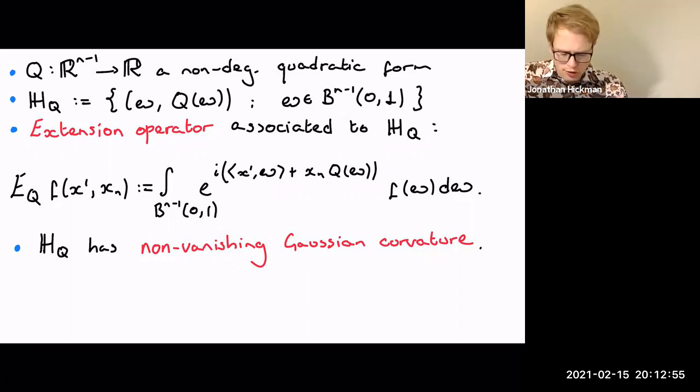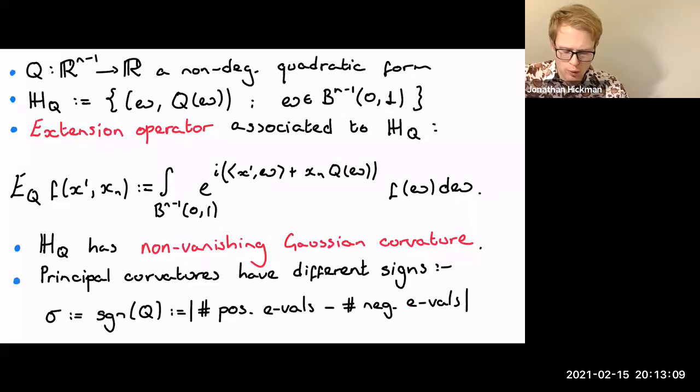However, when one starts to delve into more subtle aspects of the theory of these operators, it becomes apparent that the Gaussian curvature alone is insufficient to fully understand these operators. And in particular, we'll also use information about the principal curvatures, and in particular, the signs of the principal curvatures will be important in our study.